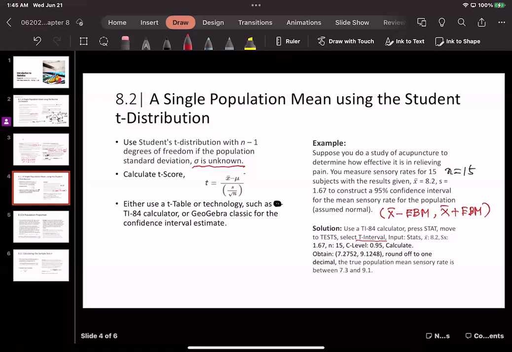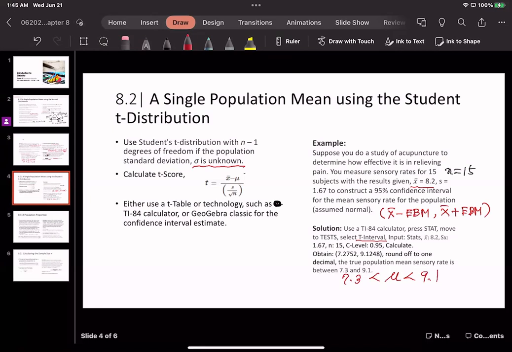Then we can round to one decimal, as our given x bar has one decimal. So the true population mean sensory rate is between 7.3 and 9.1. We can express this as mu between 7.3 and 9.1.